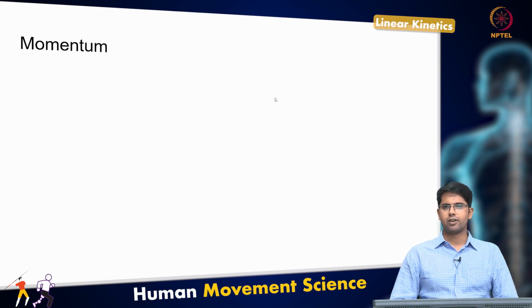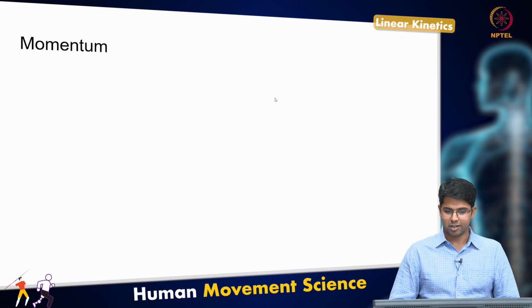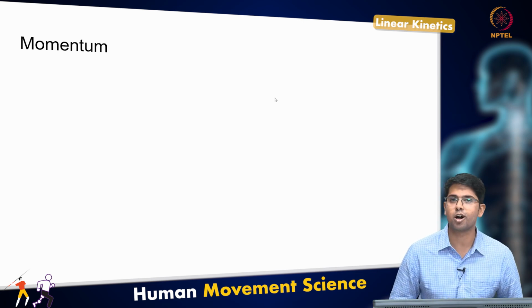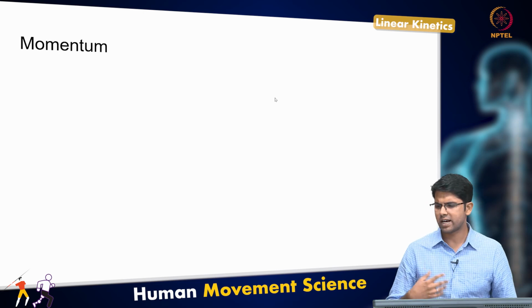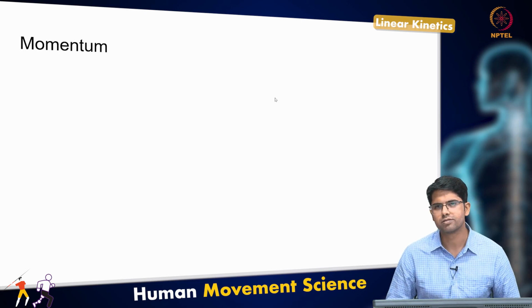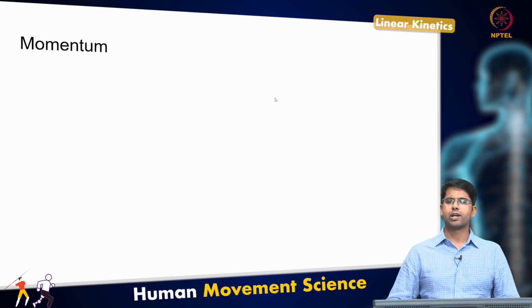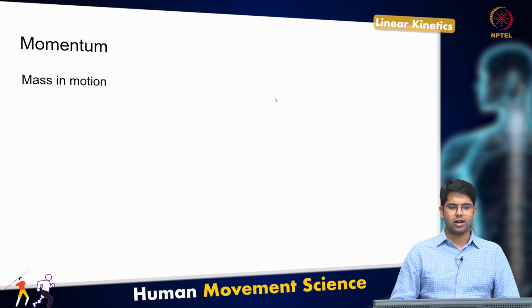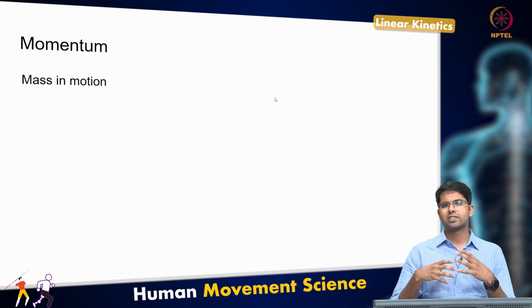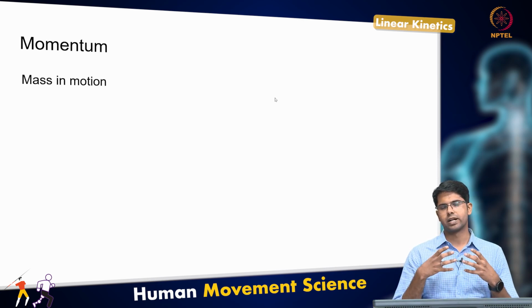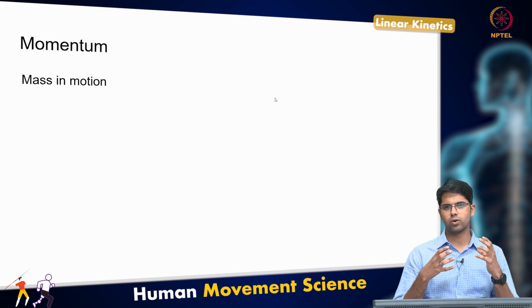If a team has a lot of momentum, it typically means they are unstoppable. So momentum has something to do with motion. We have abstracted that in our languages, but as a physics term, it essentially represents mass in motion. It's a way to quantify both the mass of a body as well as how fast it is moving.